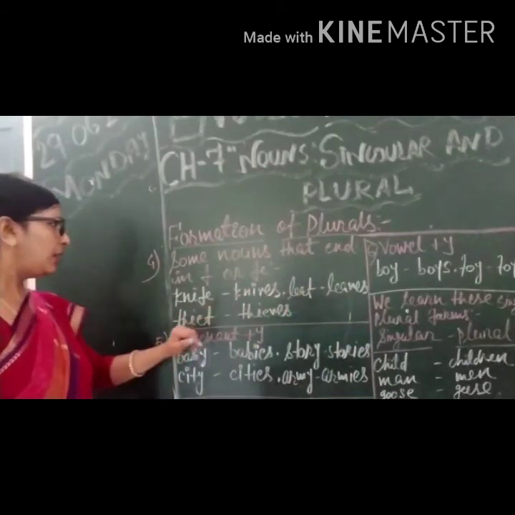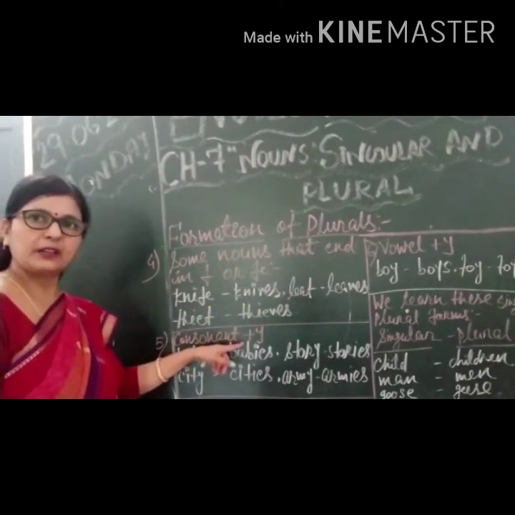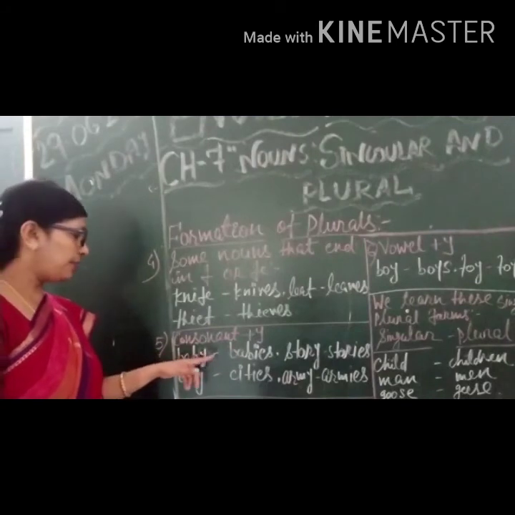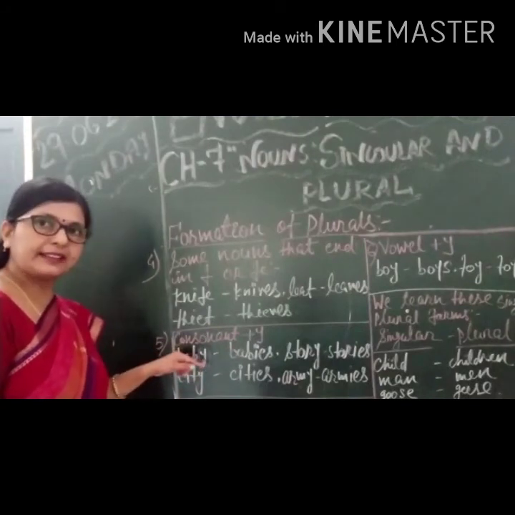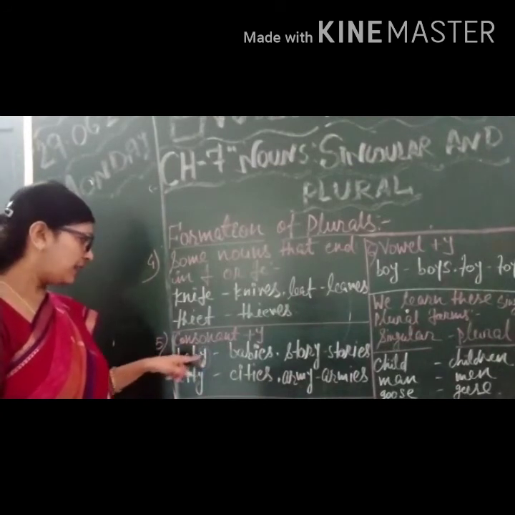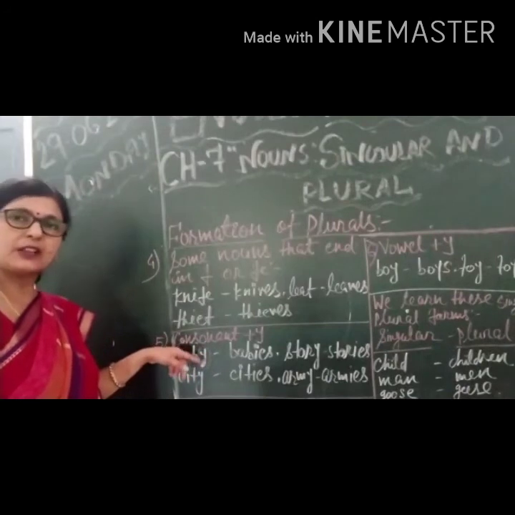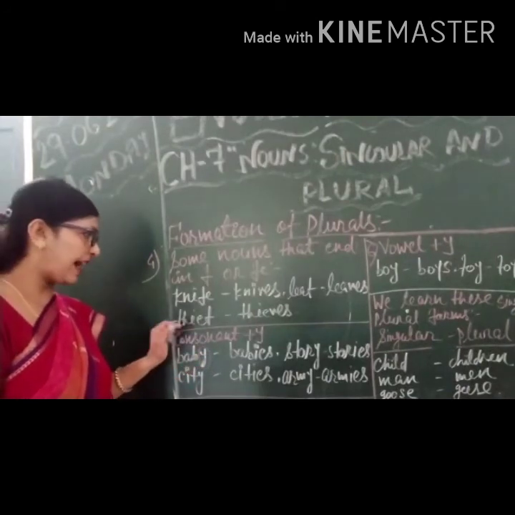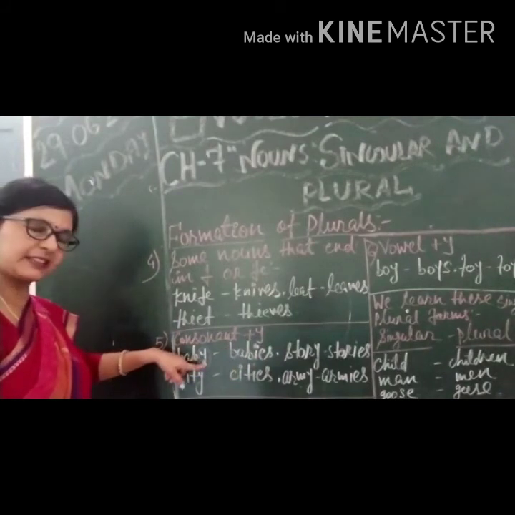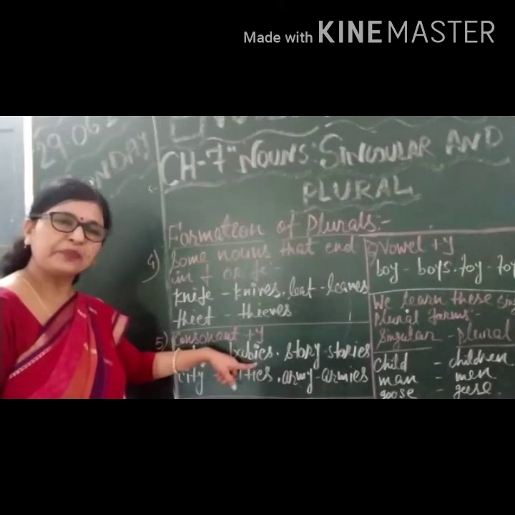Okay. Now number 5, consonant plus Y. If any word's last letter is Y and the letter before it is a consonant, meaning after the consonant letter there is Y, then we have to remove the last letter, that is Y, and add IES for making the plural noun.